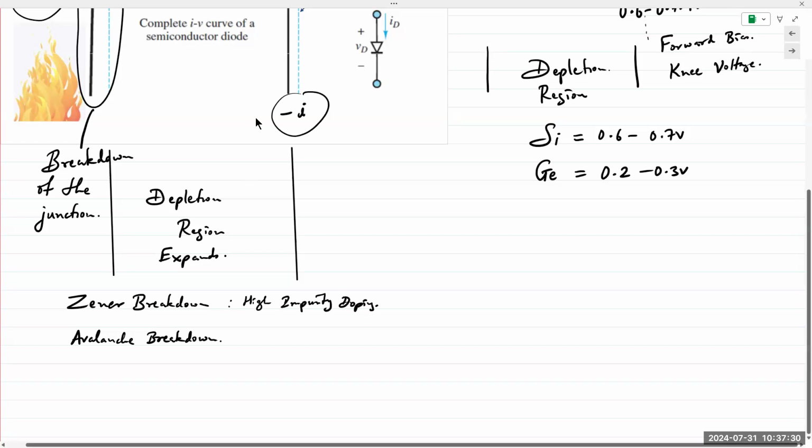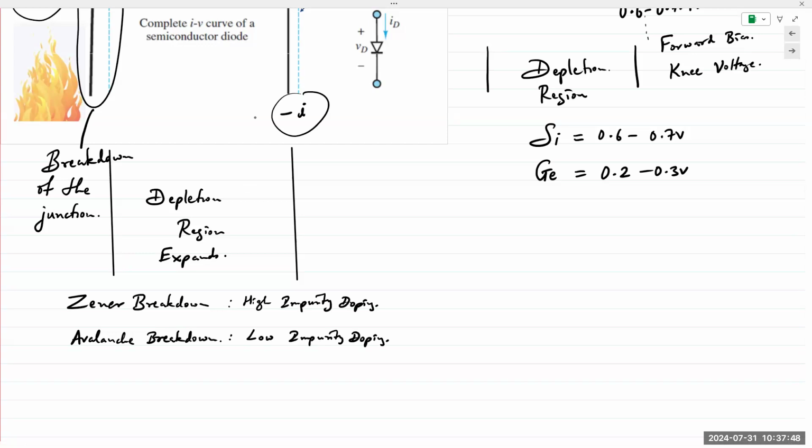And I think let's not get more into impurity doping. Avalanche is about low or standard impurity doping. Doping is basically the process of introducing impurities into a semiconductor material. High and low refers to the amount of material that you introduce into the semiconductor.